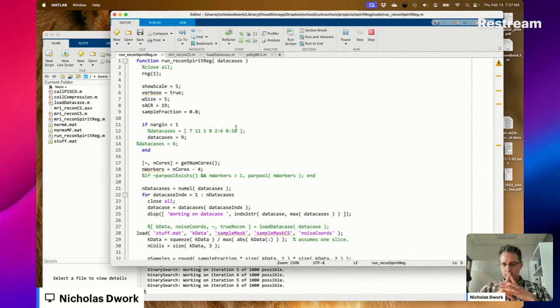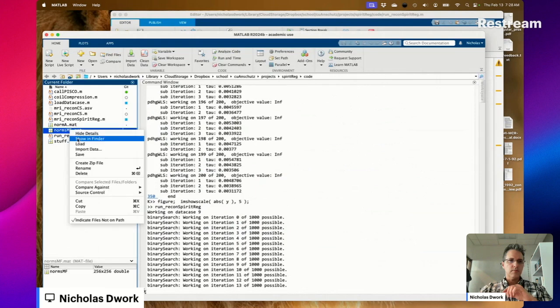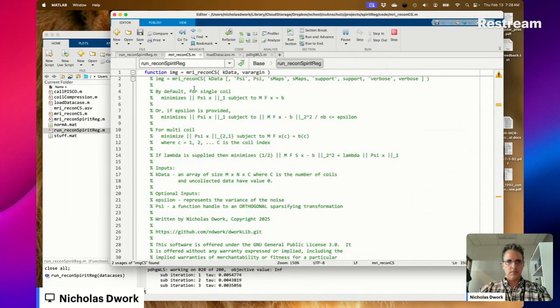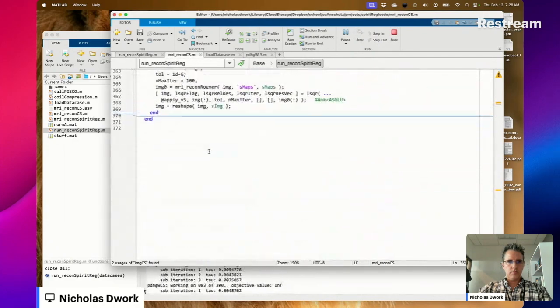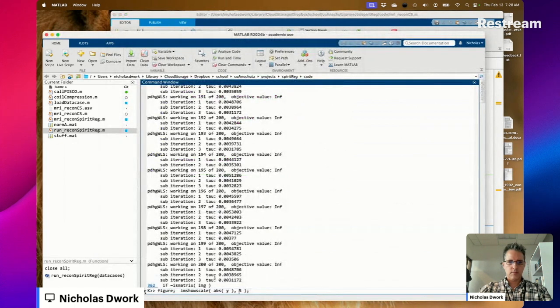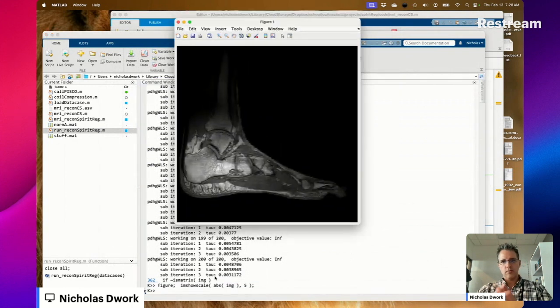At 80% sampling with compressed sensing, there should really be no artifacts, even with a single coil. That looks good, but there's still artifacts here.